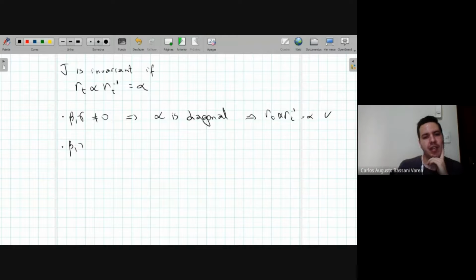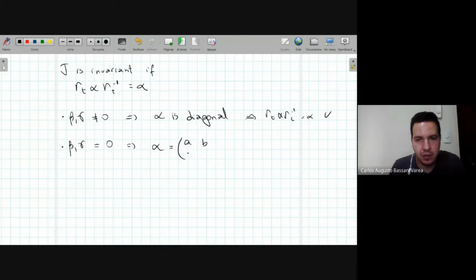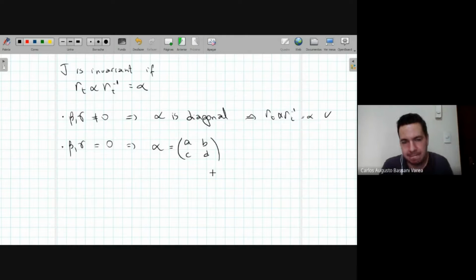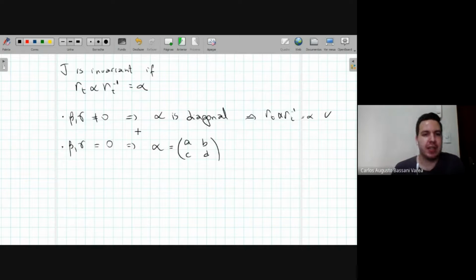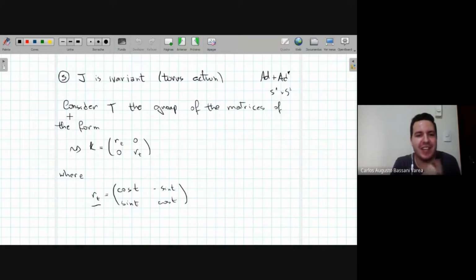And there's the case where beta and gamma are 0. If beta and gamma are 0, we have that alpha is an arbitrary matrix of order 2, a matrix like this. When we ask it to satisfy this condition here, I think you are already bored with so much computation, so I will skip this. RT is given by this expression; RT is a rotation matrix.